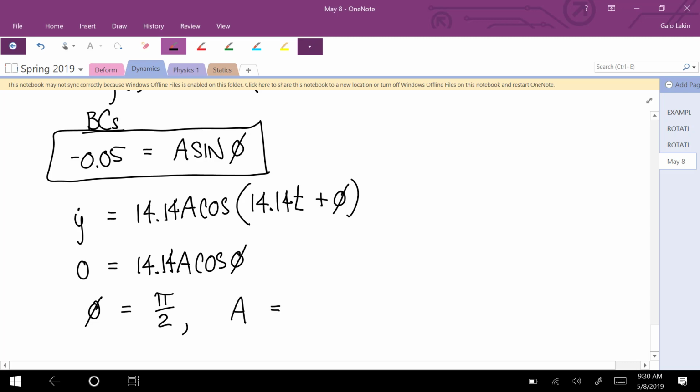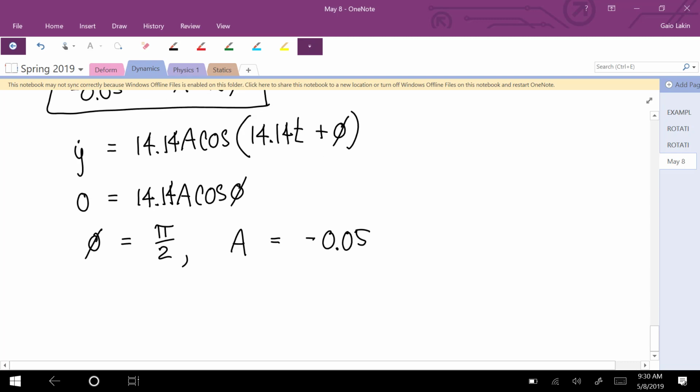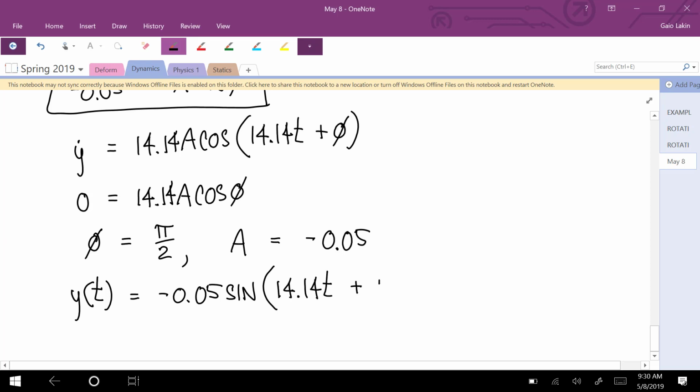A is equal to, in this case, negative 0.05. And so y as a function of time is negative 0.05 times sine of the quantity 14.14 t plus pi over 2.